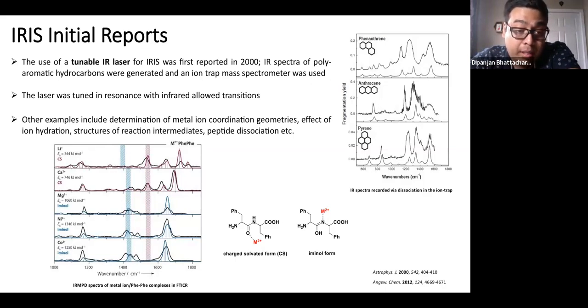And you see a peak highlighted with the blue bar, which signifies the iminol form. It's basically the OH bending. Calcium probably shows both to a certain extent, but this tells you what form of the dipeptide exists in the presence of different metals.